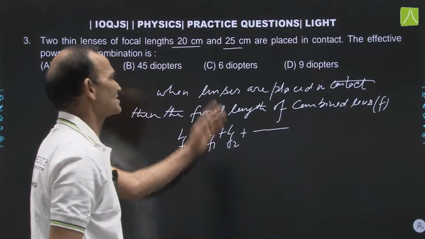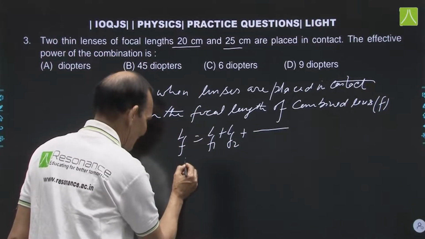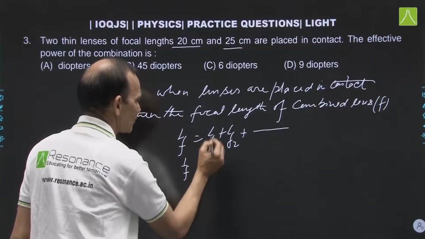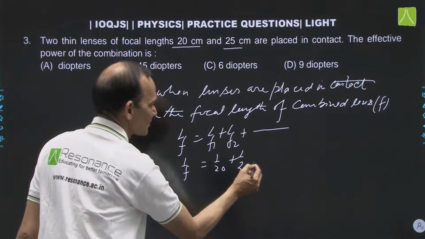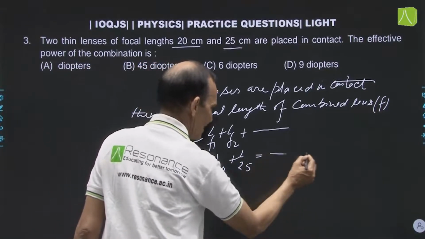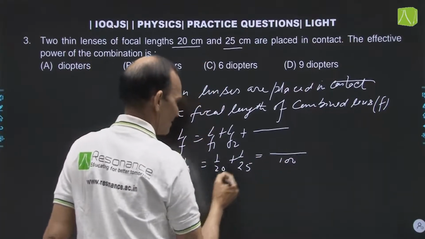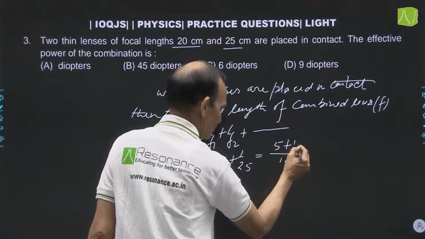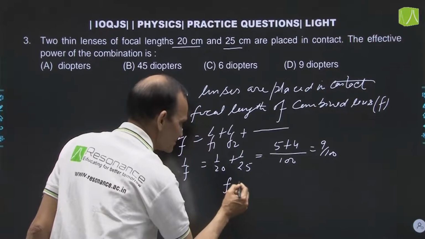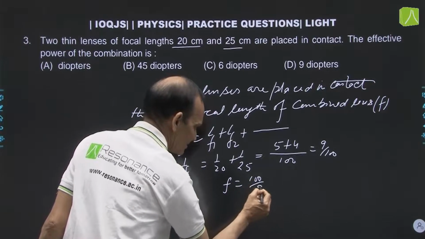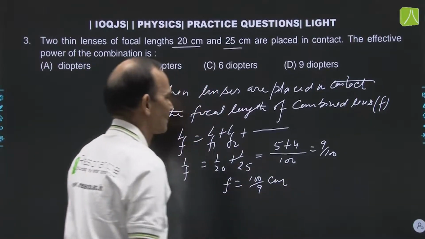But here there are only two lenses. So 1 upon f is 1 upon 20 plus 1 upon 25. We can calculate it. LCM is 100. It is 5 plus 4, that is 9 by 100, or f is 100 by 9 centimeter.